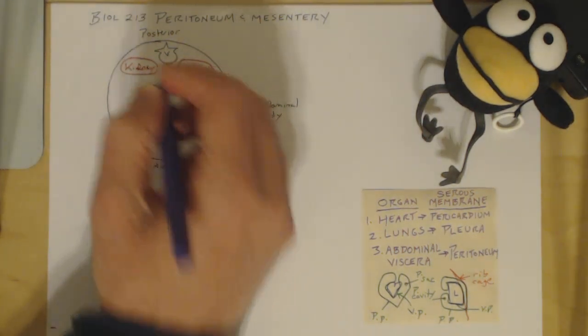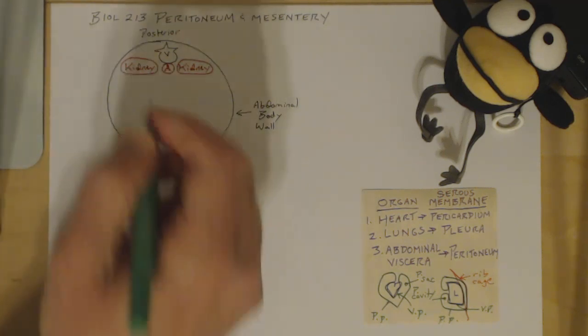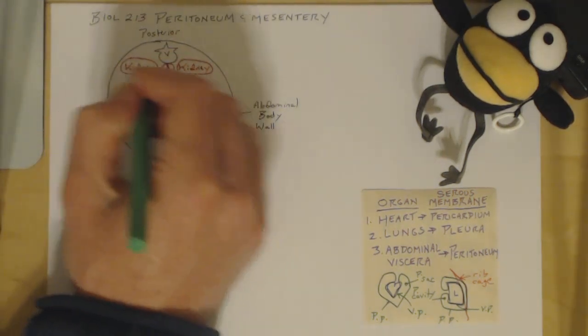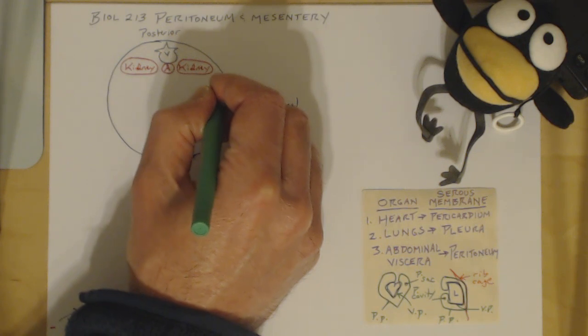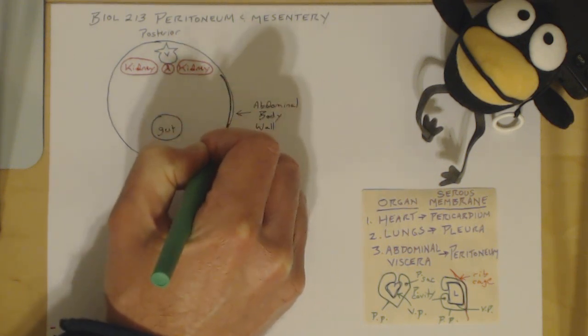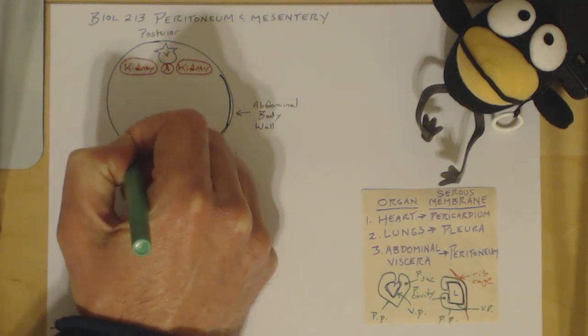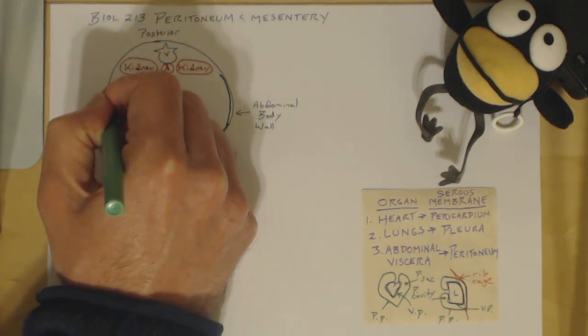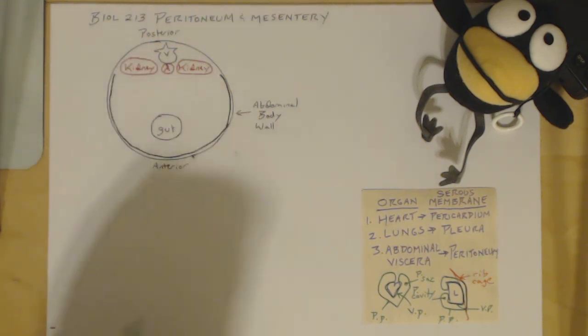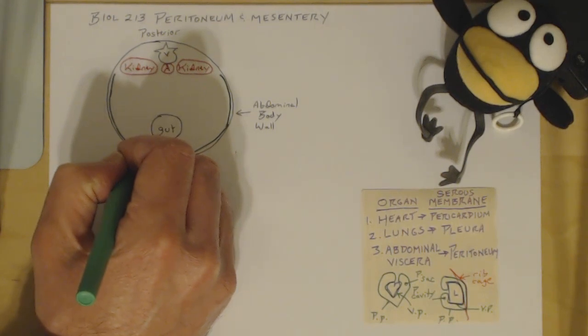So the parietal peritoneum, let me put it in color so you can see a little more with contrast. Let me put it in green. The parietal peritoneum basically lines the wall of your abdominal cavity. So it would be somewhere out here, looking something like that. So this would be your parietal peritoneum.